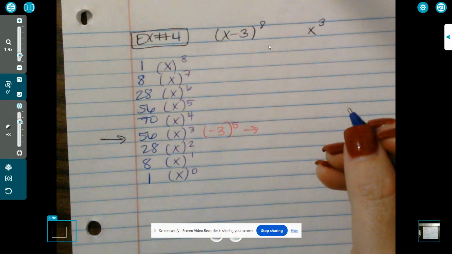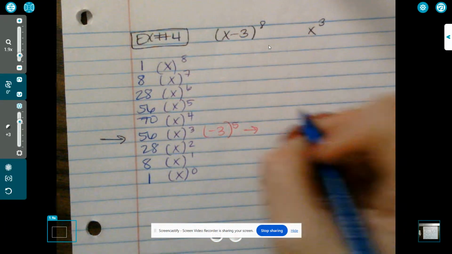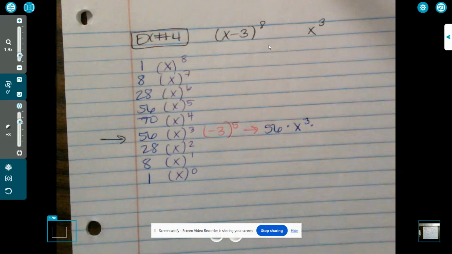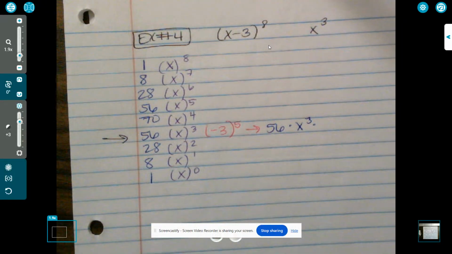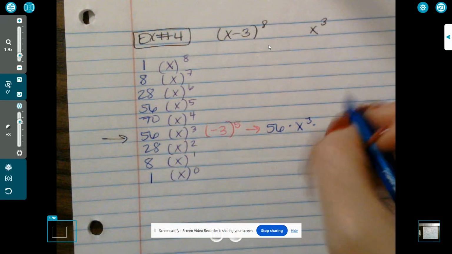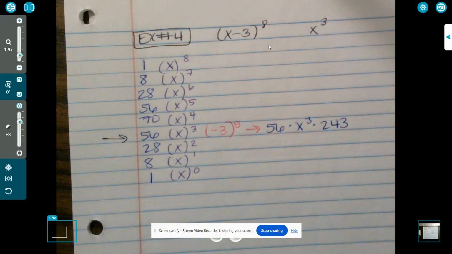So that's going to be 56 times x to the third times negative 3 to the 5th. Negative 3 to the 4th is 81. That's going to give me 243.